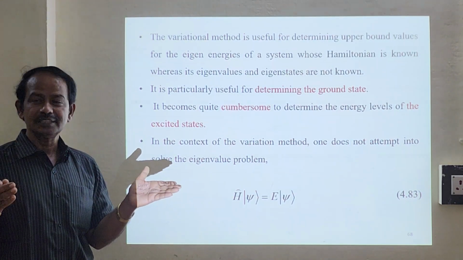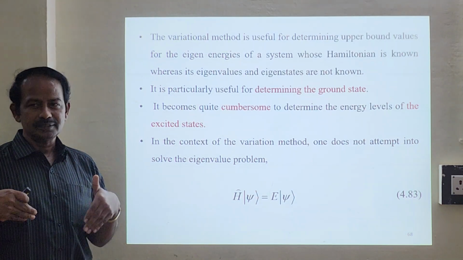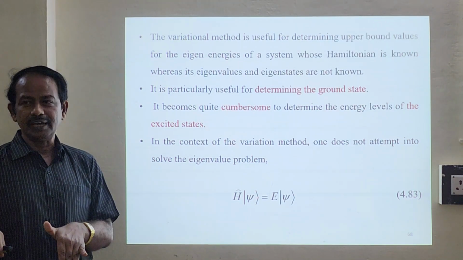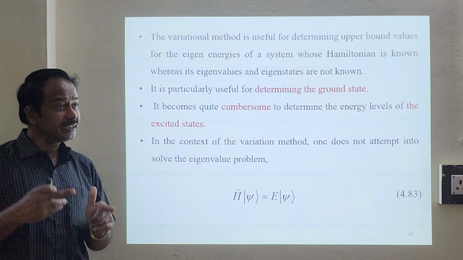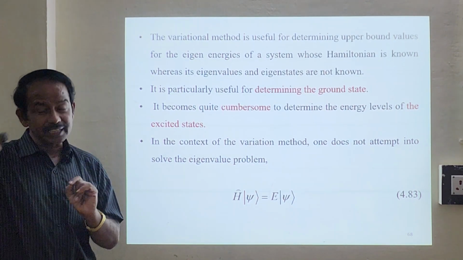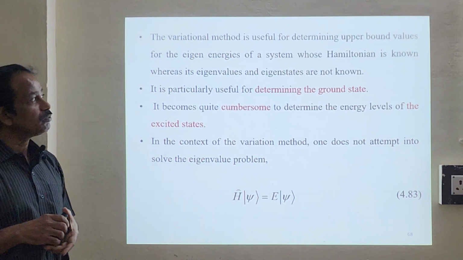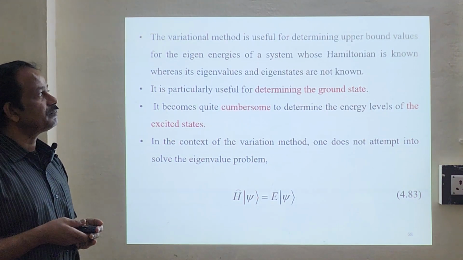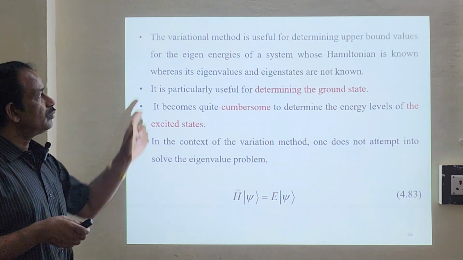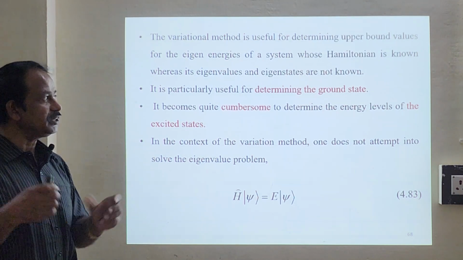All those values which we have calculated from chosen wave functions will always be greater than or equal to the actual energy values. Those are called upper bound values for the eigenenergies of a system whose Hamiltonian is known, whereas its eigenstates are not known.